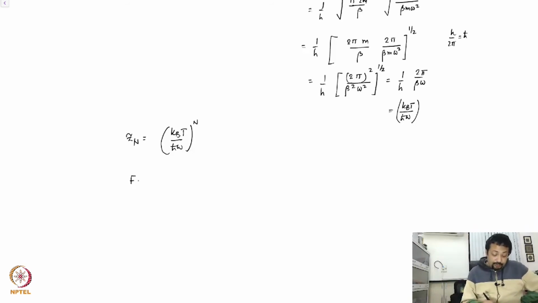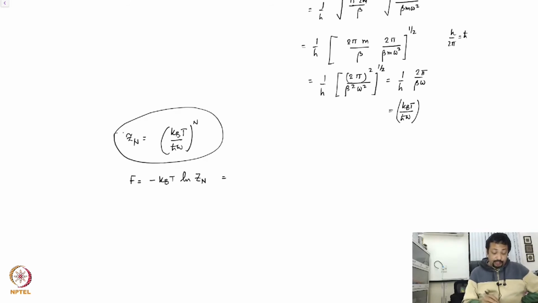The Helmholtz free energy is minus kBT ln of Zn, which, if I use this expression for Zn, becomes minus n kBT ln kBT over h bar omega.